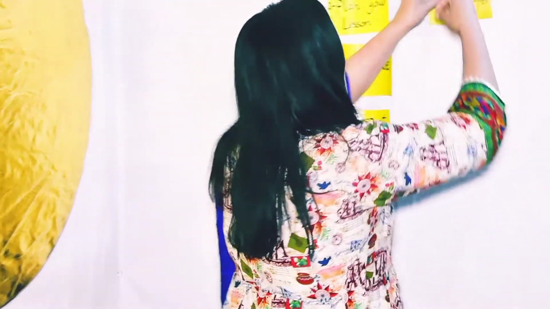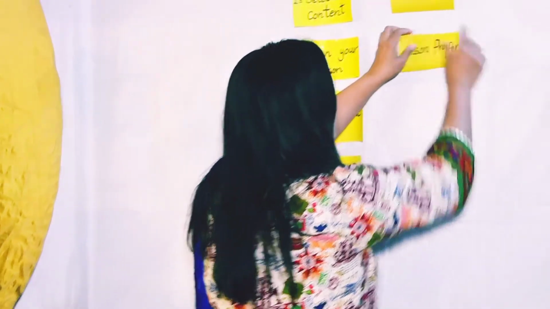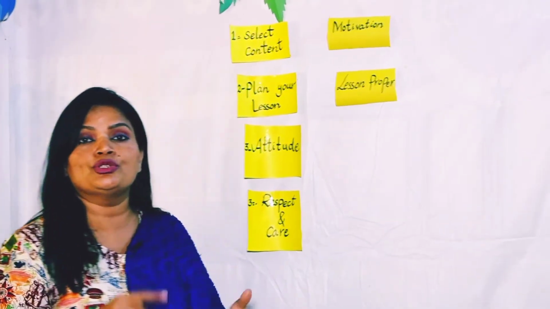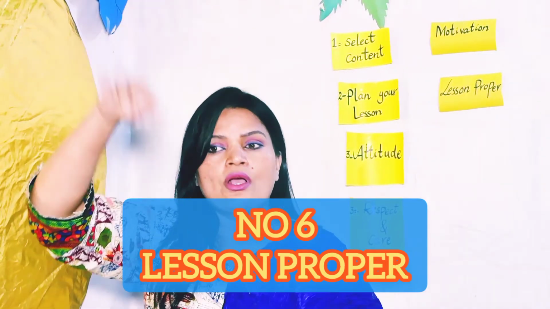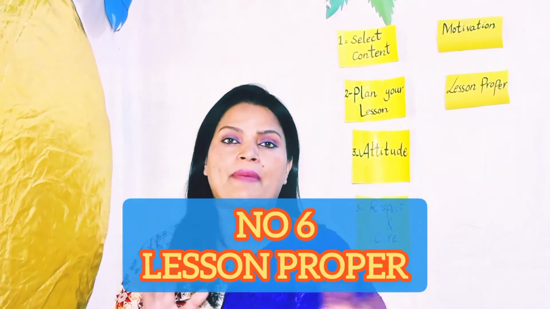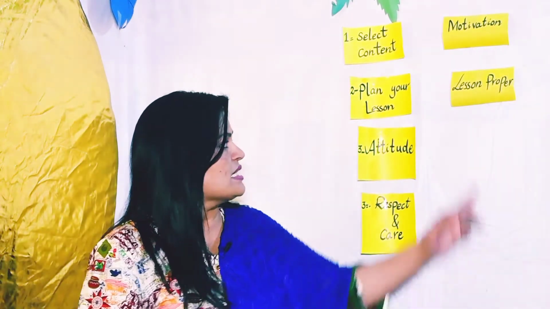So definitely they will listen to you and they will give you a response. When I come to this word, you have to put your hand up, or you have to say bang bang or something else, right? So this is the lesson proper.